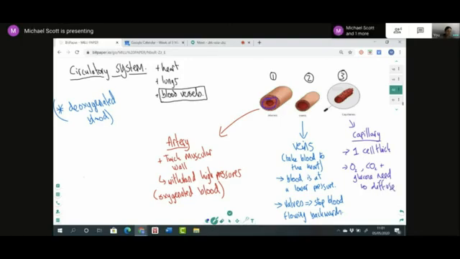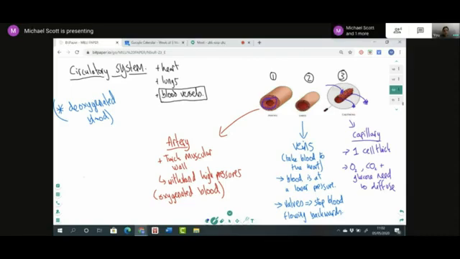So, glucose is constantly diffusing out of the capillary and going into our cells, into our tissues for respiration. Oxygen is continually diffusing out of the capillary, again, to go into our cells and tissues for respiration. And carbon dioxide is constantly diffusing into the capillaries, as carbon dioxide is a product of respiration.